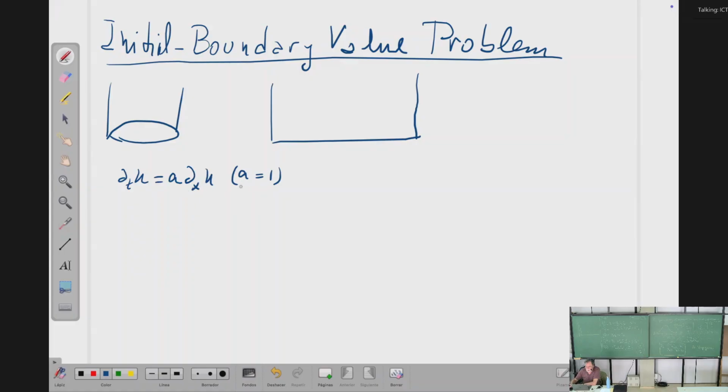If a equal to 1, then we know that the solution of this is just the initial data. We were working on this t plus x, because if we take the derivative here, we get a prime here, and on the other side we get a prime also. Okay.